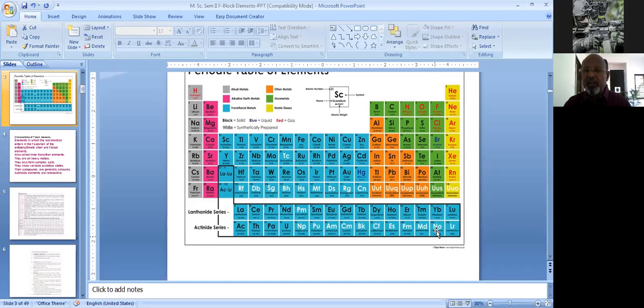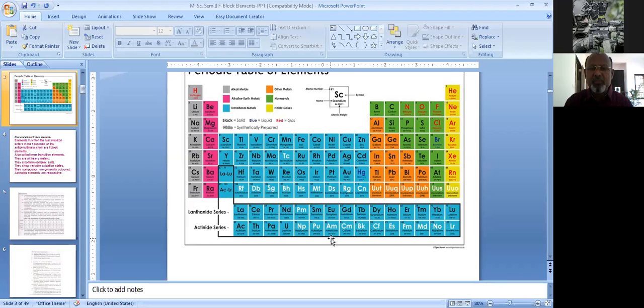Now, the prize that is given for major contribution in the field of chemistry is the Nobel Prize, and from this name the name is given as nobelium. And lawrencium, the name of the scientist Lawrence, and hence the name was also derived from the name of the scientist, that is lawrencium.